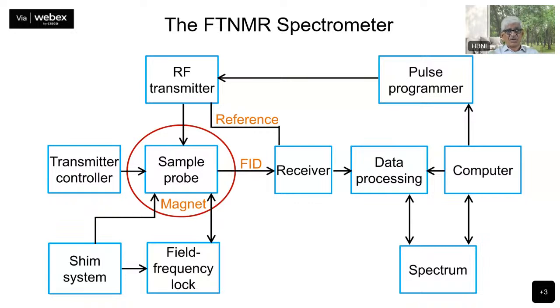That means the magnetic field should be so stable that if there are two lines separated by 1 hertz, you should be able to detect it. 1 hertz in how much? If you take a 500 megahertz spectrometer, it is 500 into 10 to the power 6, so 5 into 10 to the power 8. Then you must have a stability of 1 in 10 to the power 9.